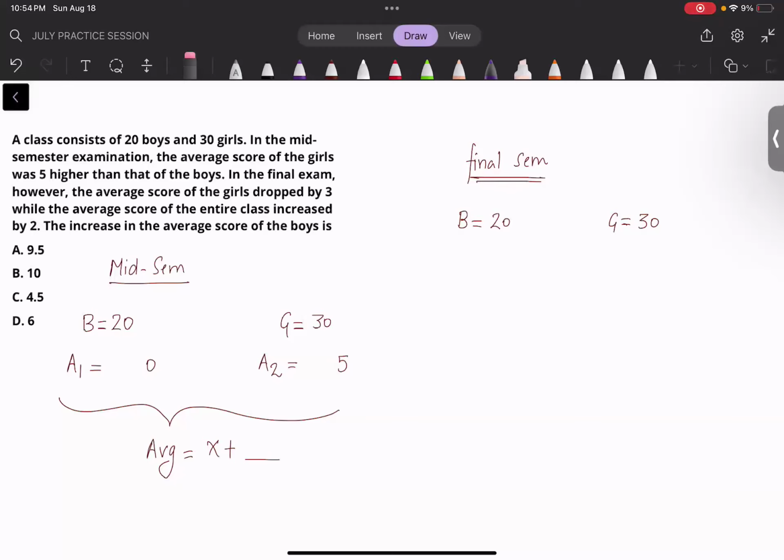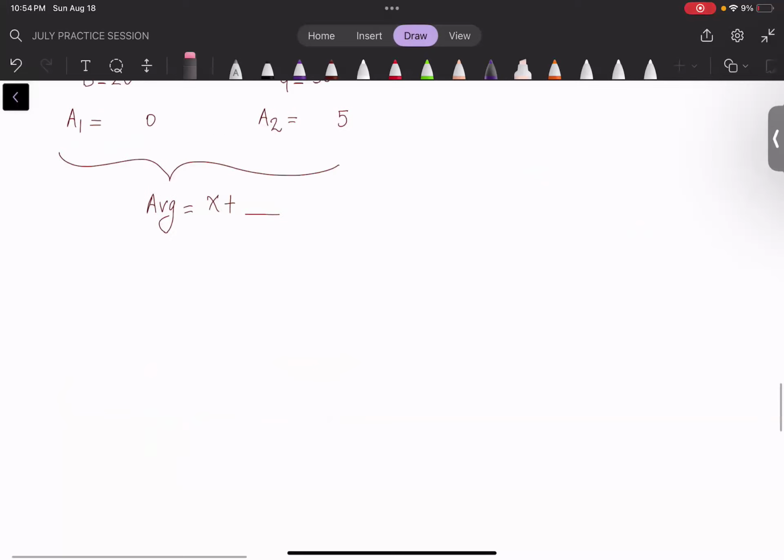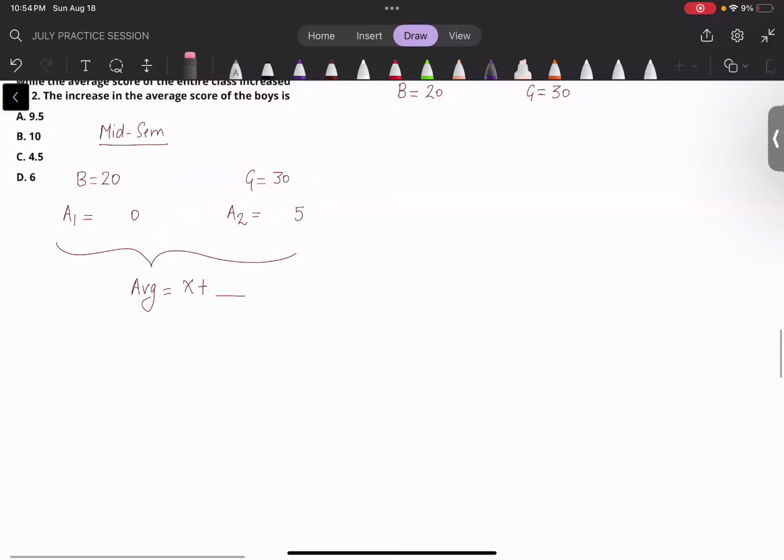0 into 20 plus 5 into 30 divided by 20 plus 30.